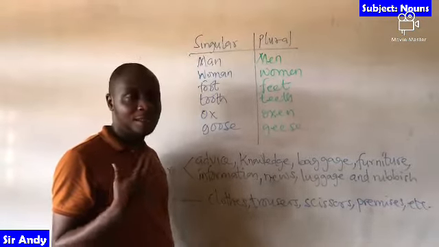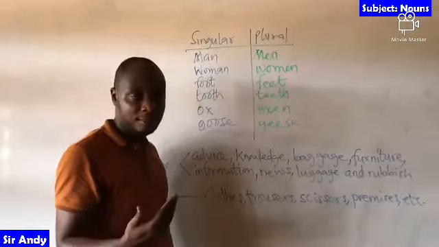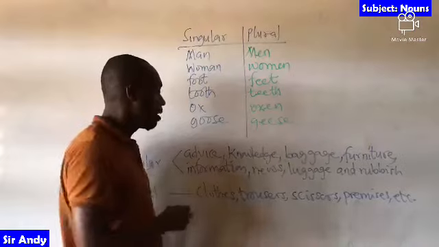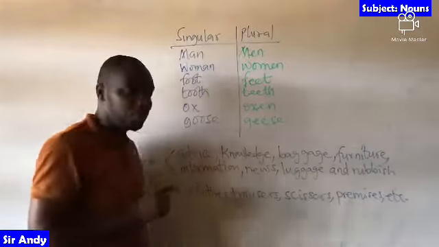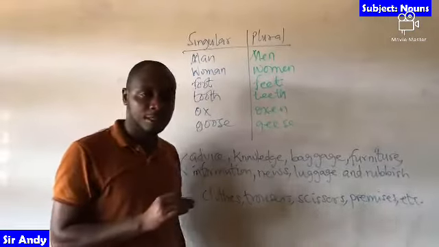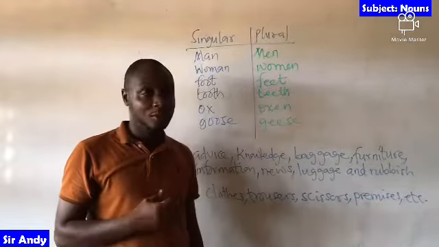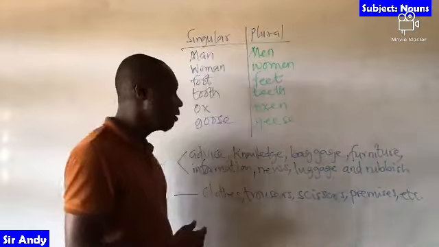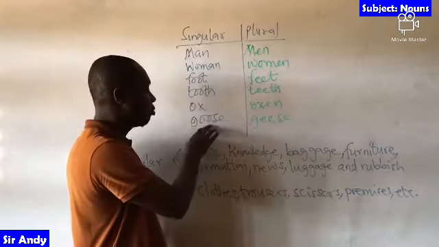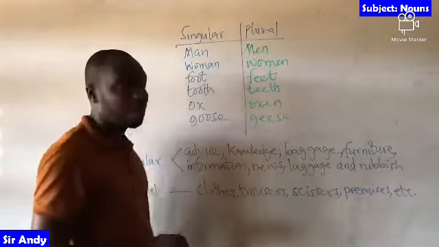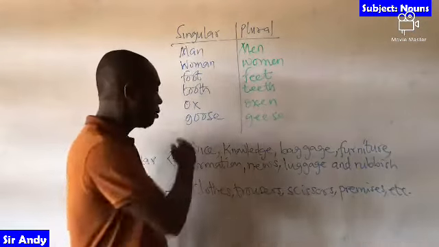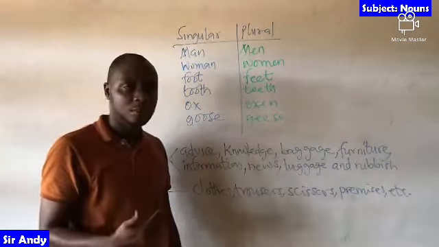Human beings have about 32 teeth. You are brushing your teeth. And then ox. The plural form of ox is oxen. Oxen, not oxes. Oxen. And then when we come to goose, it becomes geese. Geese. Goose becomes geese.